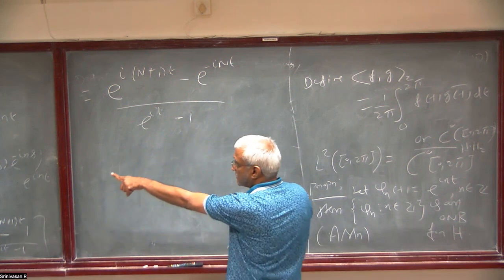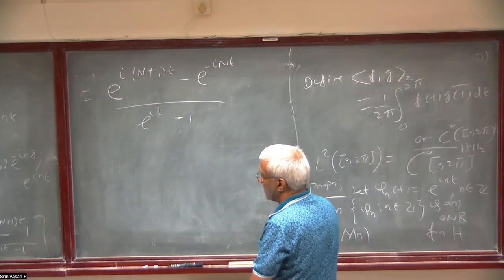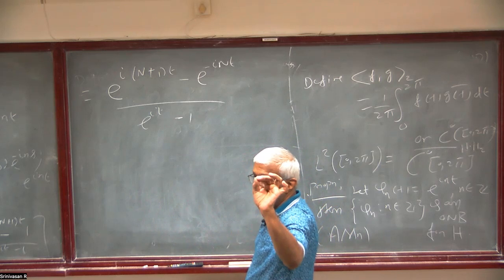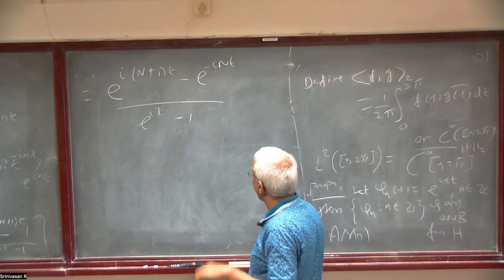I want to get the sine of t by 2 term, which is nothing but e to the power i t by 2 minus e to the power minus i t by 2, over 2i.